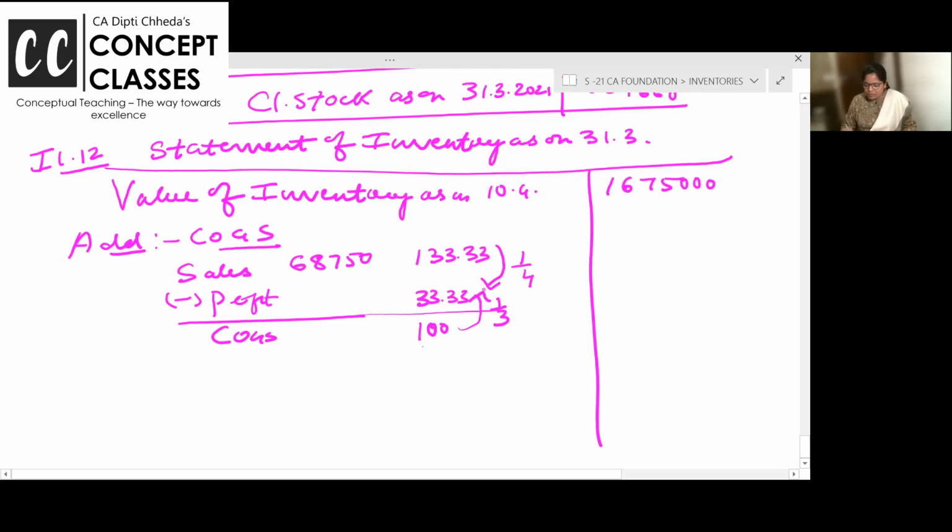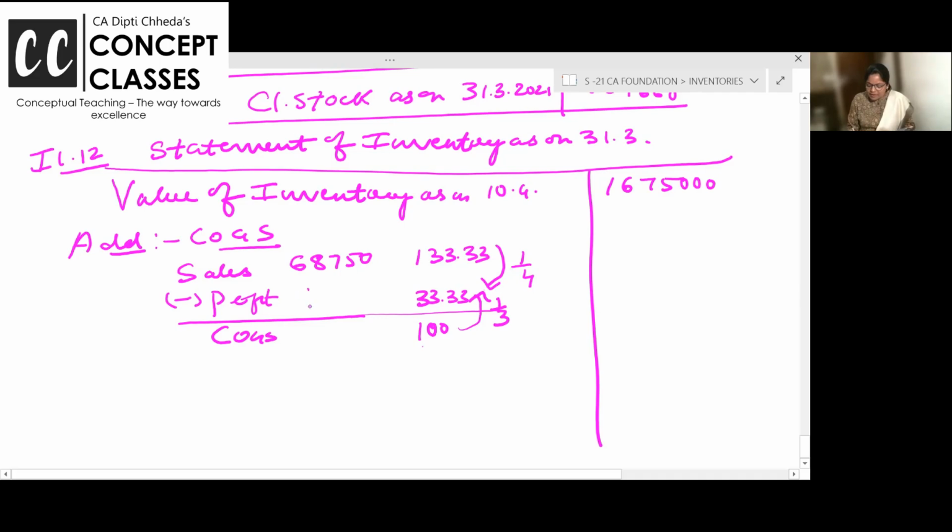33.33, no? So what is the profit? 68,750 goods are sold, and the profit is divided by 4.